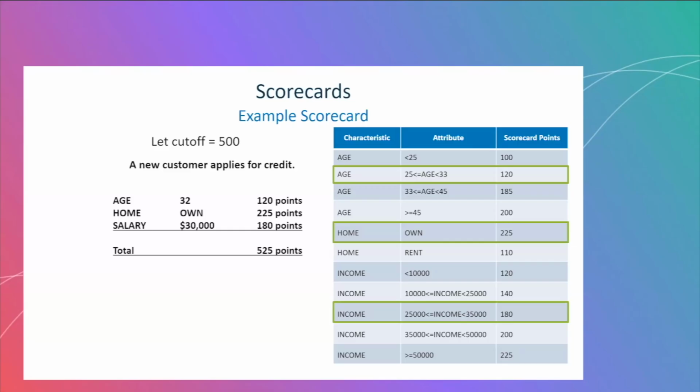Now, carefully observe that those binnings are not equi-spaced bins. The first bin is 0 to 10,000. Then it's a bucket of 15,000 gap, or a range of 15,000, so 10 to 25.